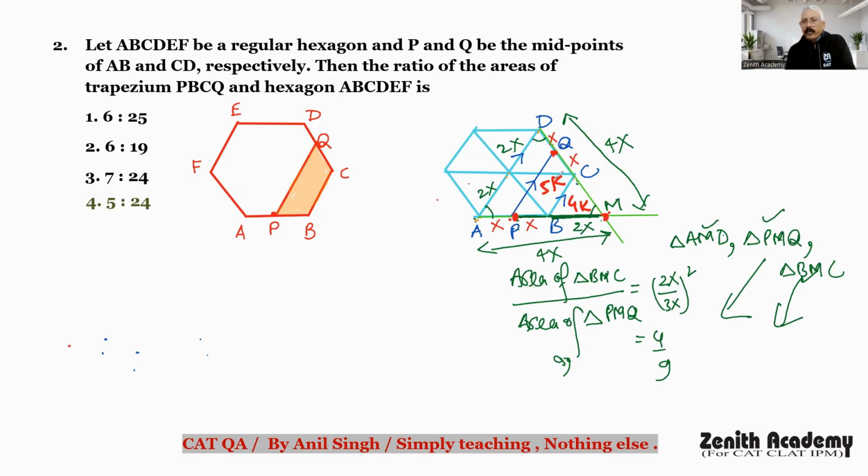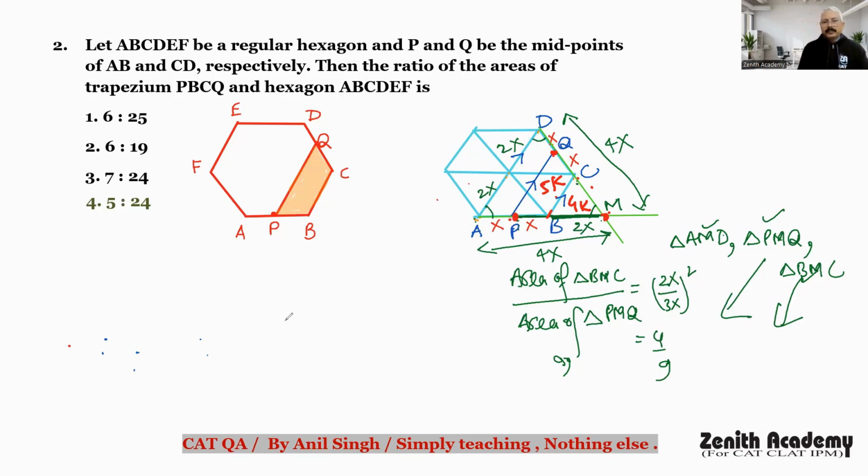So this is 5K. And look here, this is equal to 4K. Area of this is 4K. And this triangle is equal to this because it is 2x, this is 2x, this is also 2x, 2x. So area of triangle BMC is 4K, which is equal to each of the six equilateral triangles of this hexagon.